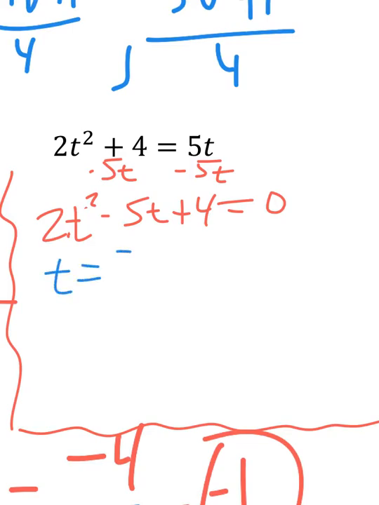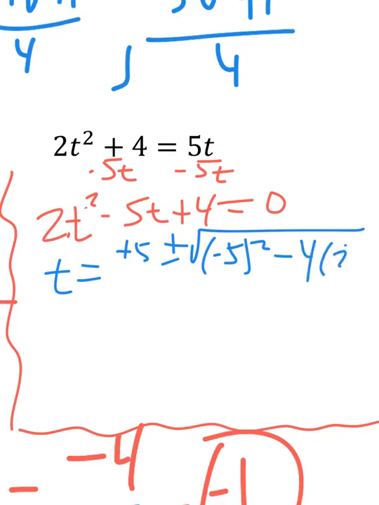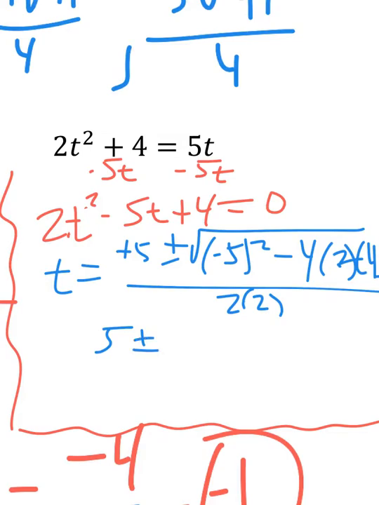T equals negative B, B squared minus 4AC all over 2A. All right. So what's going on here? We've got 5 plus or minus. We got 25 minus 32 going on in there, right?